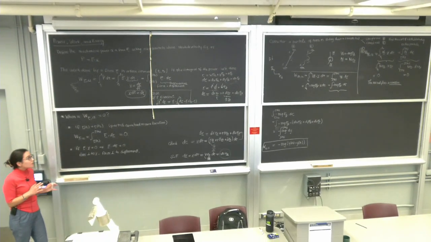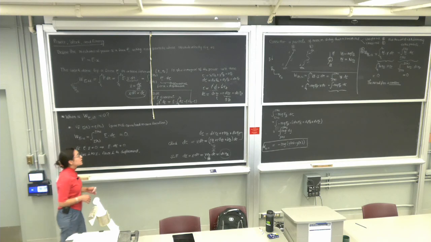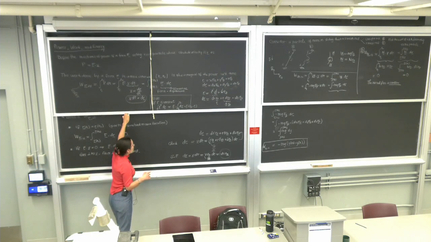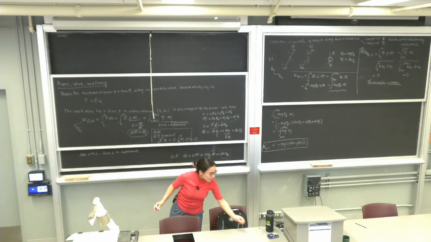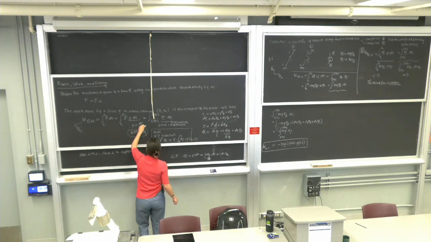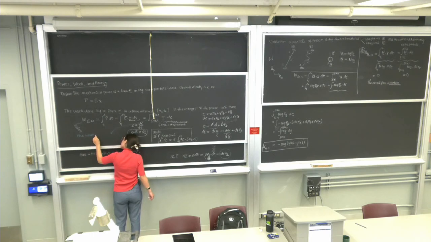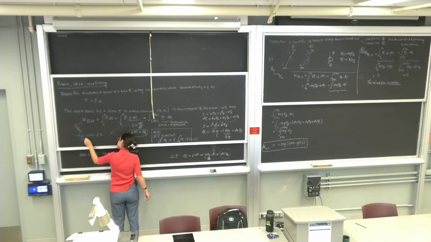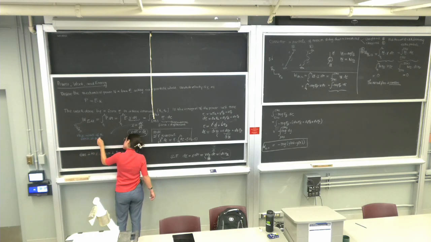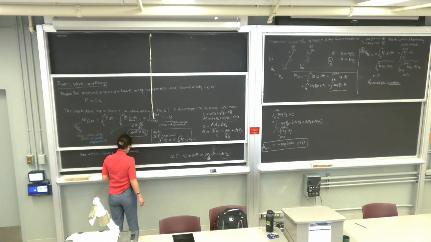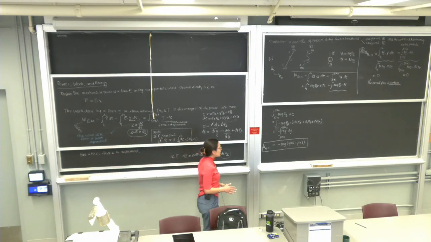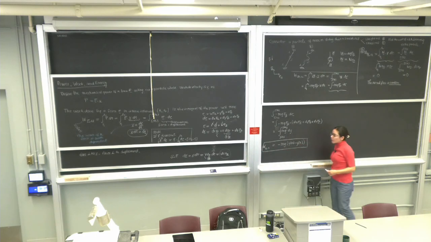The work of the force is usually path dependent. This definition says that the work of the force is path dependent. But for this particular weight force, the work of the weight only depended on the endpoints of the trajectory.